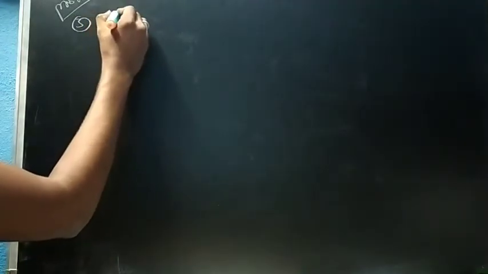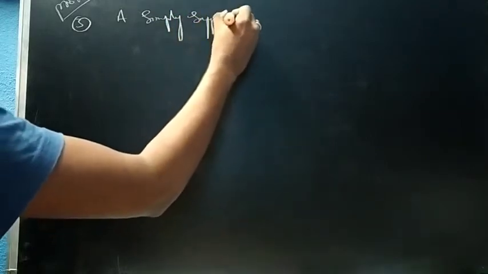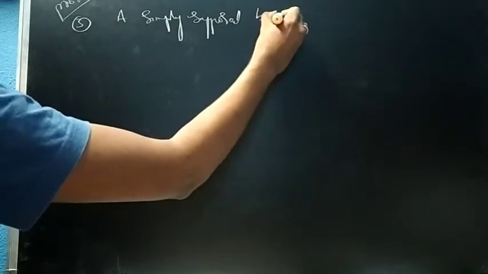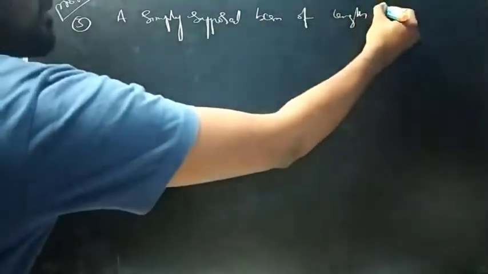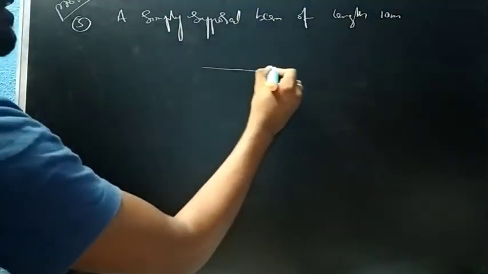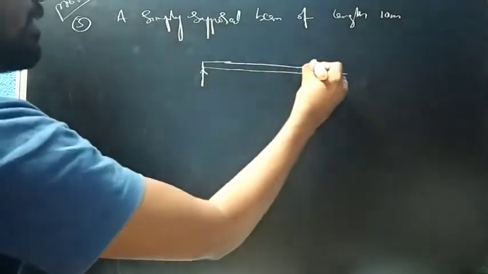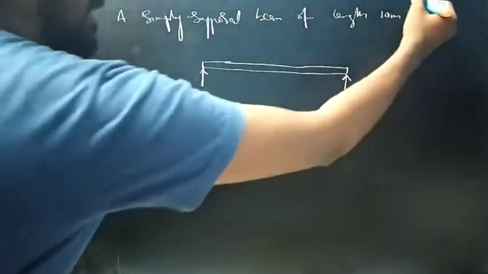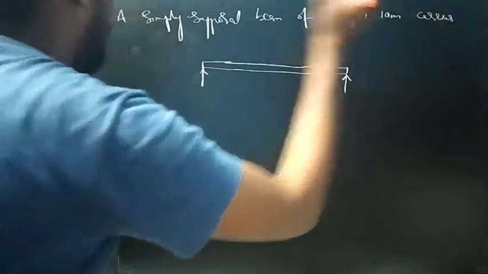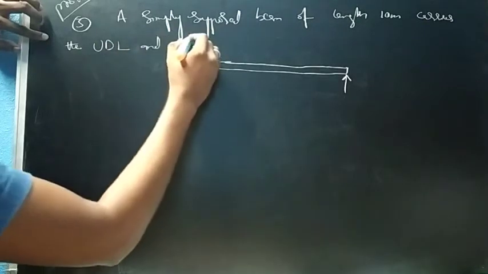Problem number 3. A simply supported beam of length 10 meters, so 10 meters length, a simply supported beam which has 10 meters of length, carries a UDL and 2 point loads.